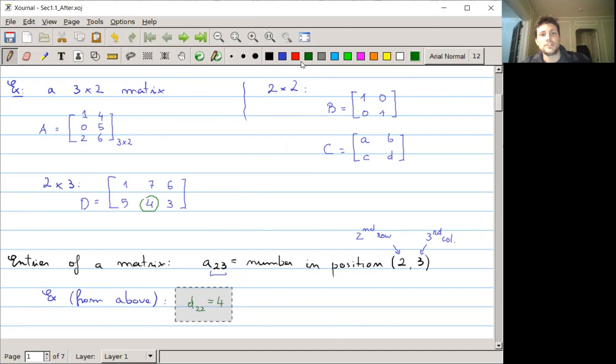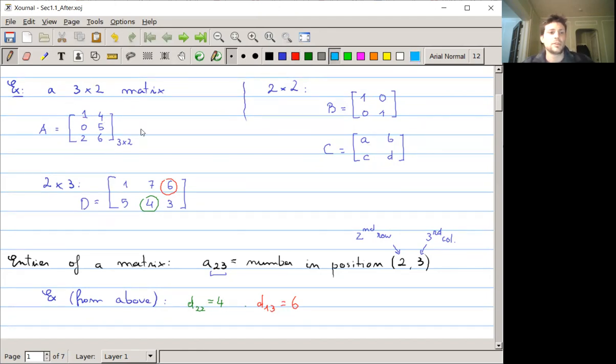Why shouldn't we write this in green? I'll pick another entry. Maybe I'll look at this 6 here. To identify 6, I need first row, third column. So 6 would be D13. And so on and so forth.